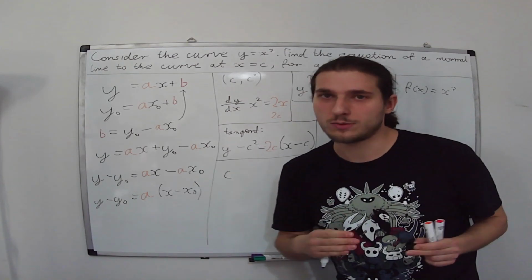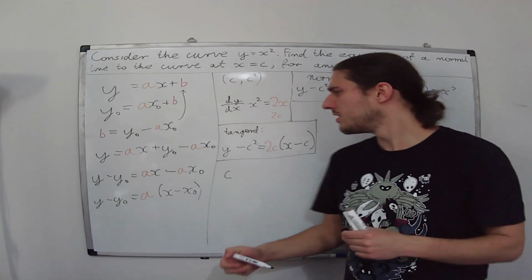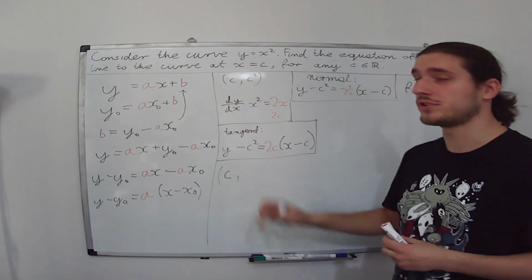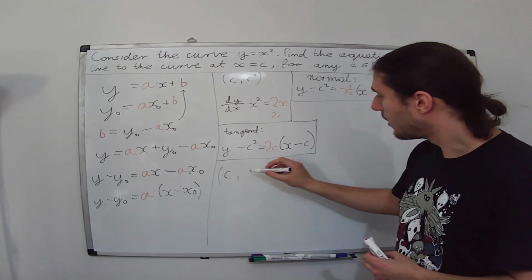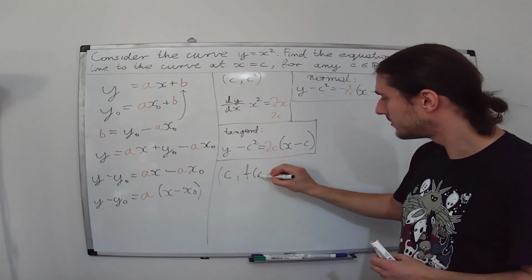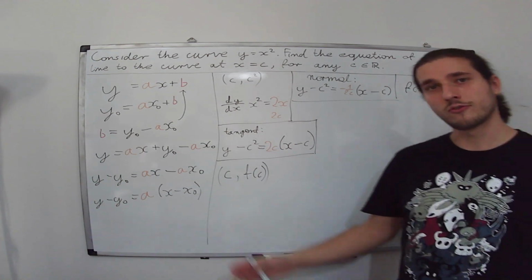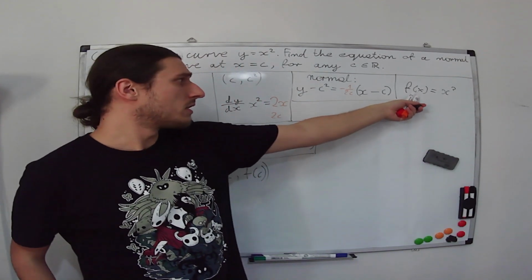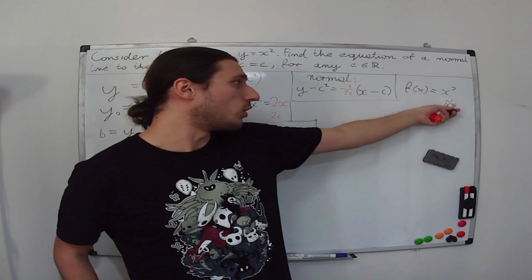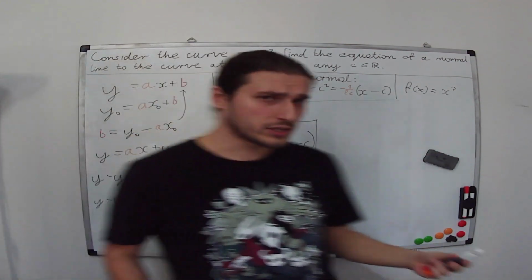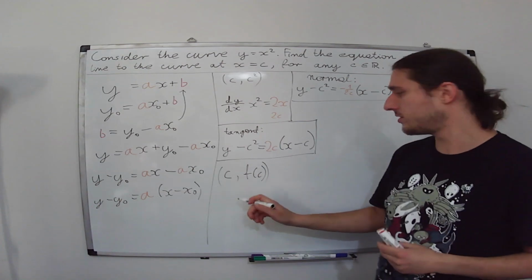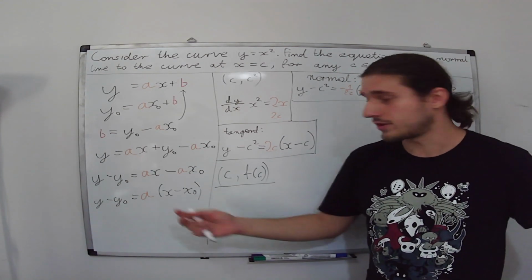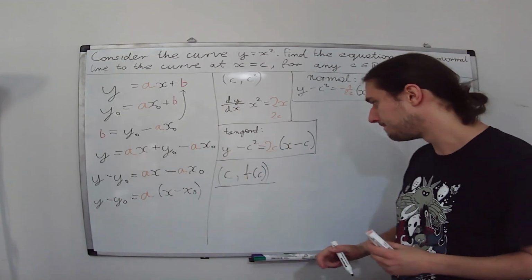We input an x and we get y in return. So the y coordinate of any given function at point c, which could be any number, will just be function of c. For example here, at x equal to 2, the function of x will be equal to 4, 2 squared. So the coordinate for any given function will be just that: c, or whatever other letter you like to use, and function of that same letter.